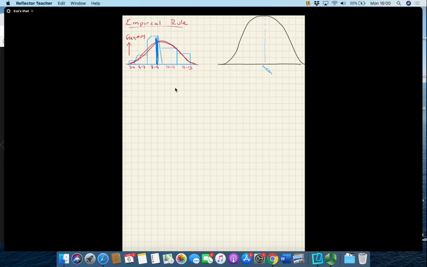Okay, now where does standard deviation come into it? Well, standard deviation is a measure of variability. So for the remainder of the normal distribution, I split it up into chunks, into 6 chunks, 3 above the mean and then 3 below the mean.